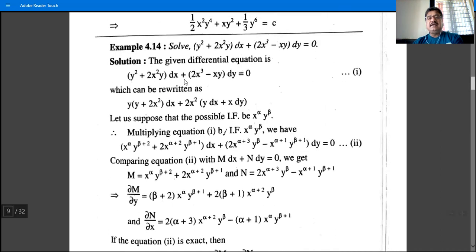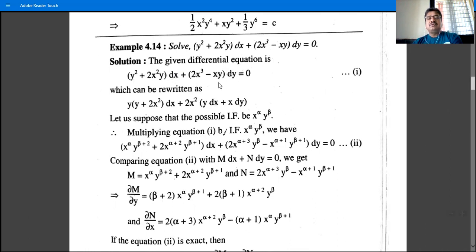So we write y^2 dx, 2x^2 y dx, 2x^3 dy, minus x y dy. Then for the 2x^2 y dx and 2x^3 dy, take 2x^2 as common. So what do we have? 2x^2 (y dx plus x dy) in brackets. These are the two terms, and the remaining terms are y^2 dx minus x y dy.